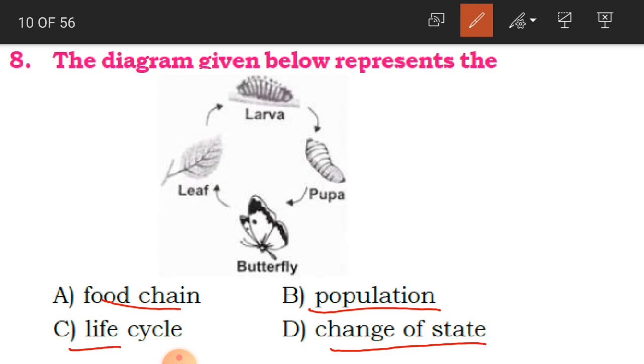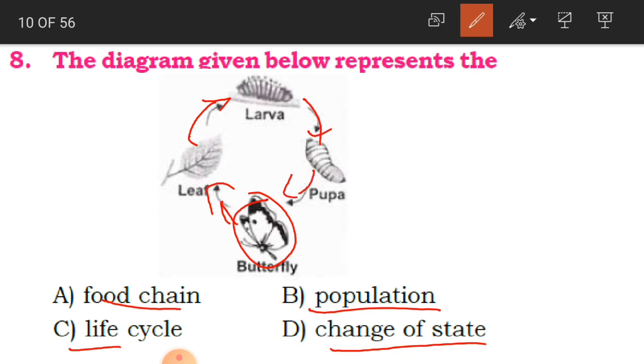See here, children, this adult butterfly, there are 4 stages of this reproduction process here. The adult butterfly lays eggs on the leaf, and these eggs become larva, and this larva turns into pupa.